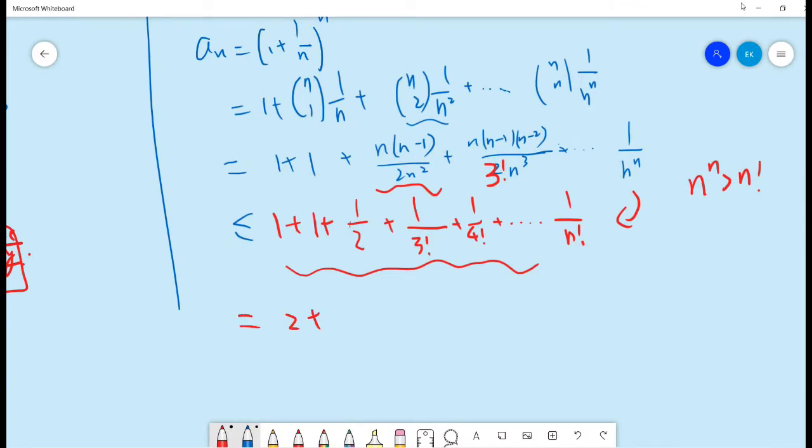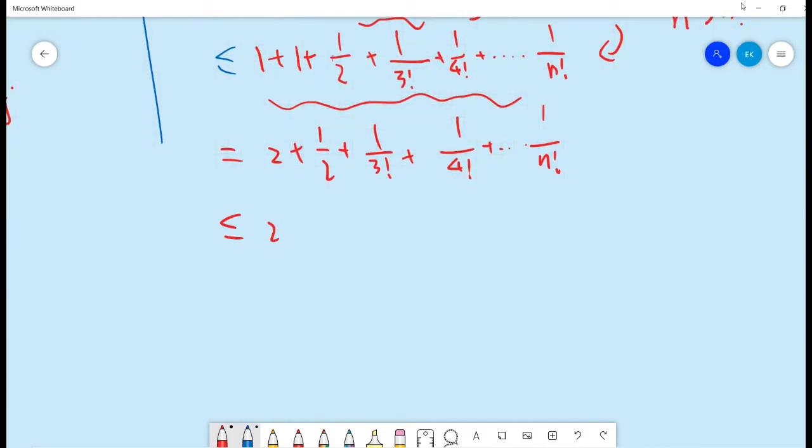So this is 2 plus 1/2 plus 1/3 factorial plus 1/4 factorial up to 1/n factorial, which is less than 2 plus 1/2 plus 1/6, and this is 4 times 3 times 2 times 1, which is definitely less than 1 divided by 4 times 3, and so on up to n minus 1.